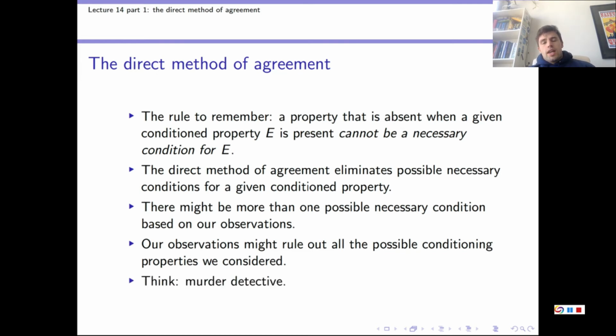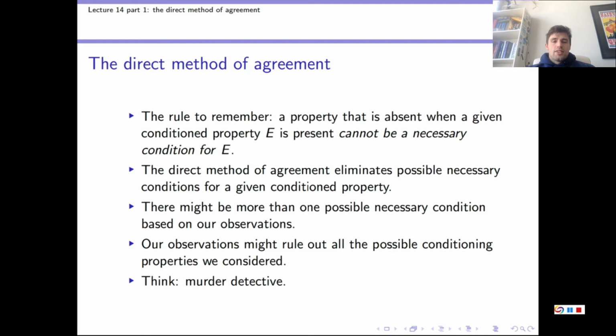All this is to say that the logic behind the method of direct agreement is like the logic of a murder detective who eliminates suspects one by one in order to find a murderer. If the detective starts with an initial list of suspects, they cannot be sure they'll eliminate all but one. Maybe the murder was done by two people working together, for example, or maybe the murderer isn't even in the list of suspects that you start with at all.